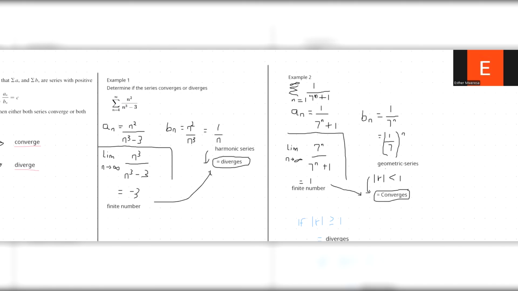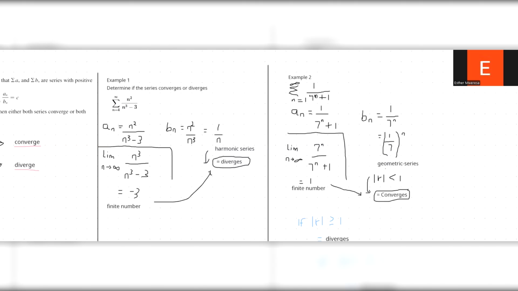Then example 2, the series 1 over 7 to the n plus 1. So as n approaches infinity, the 1 in the denominator becomes insignificant. So series B becomes 1 over 7 to the power n, which is a geometric series with a ratio of less than 1.